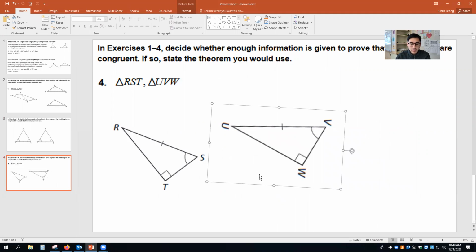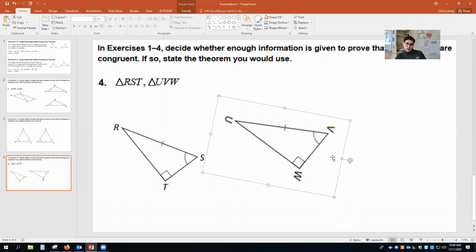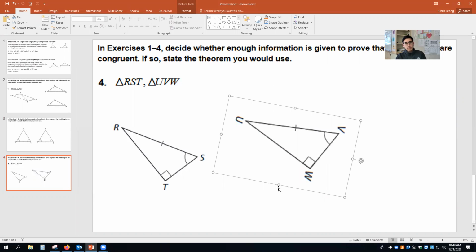There are the two triangles in the same orientation.